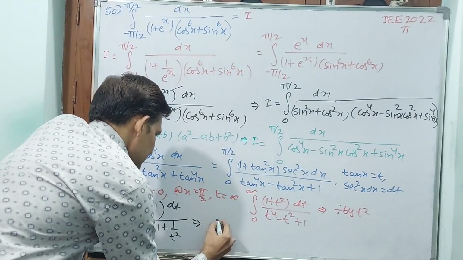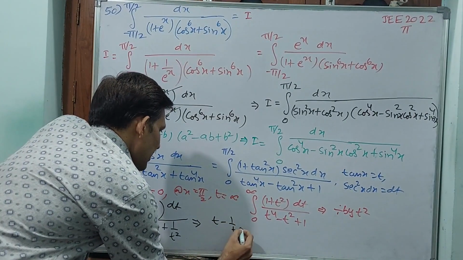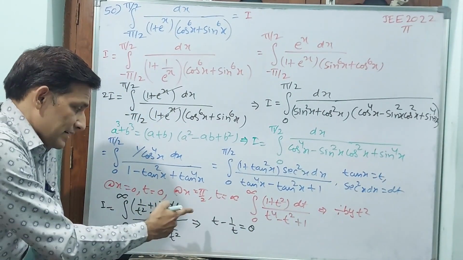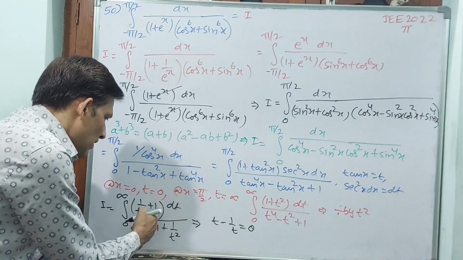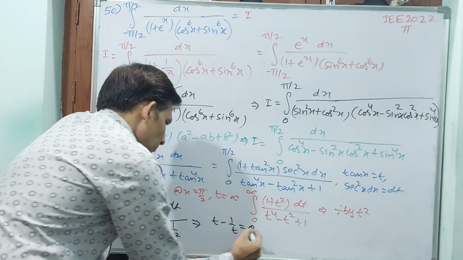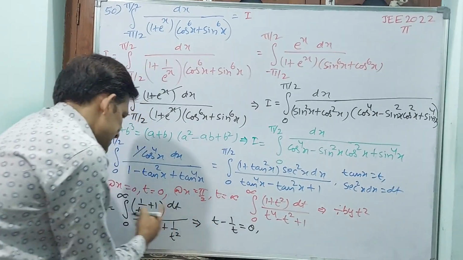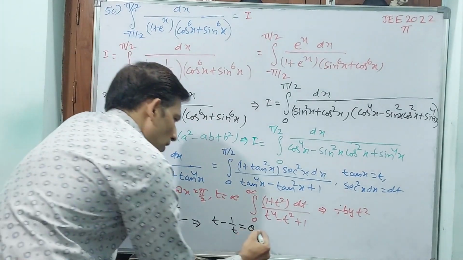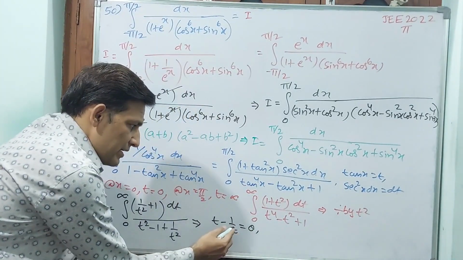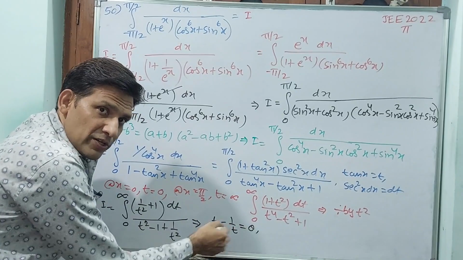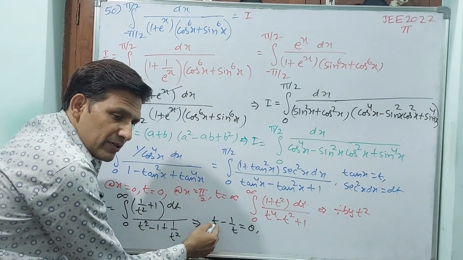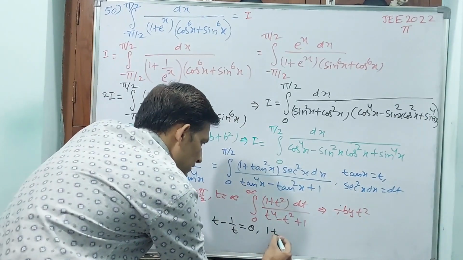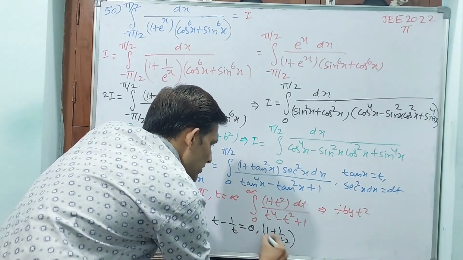See what I want to say. I am taking t minus 1 by t as theta. Because if you differentiate both sides, 1 plus 1 by t square, d by dt of t minus d by dt of 1 by t, which is minus minus 1 by t square, equals plus 1 by t square.